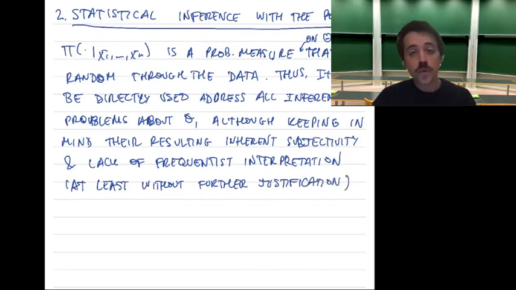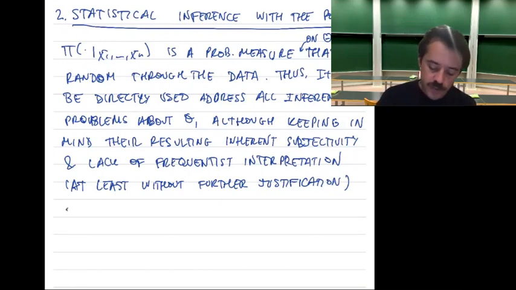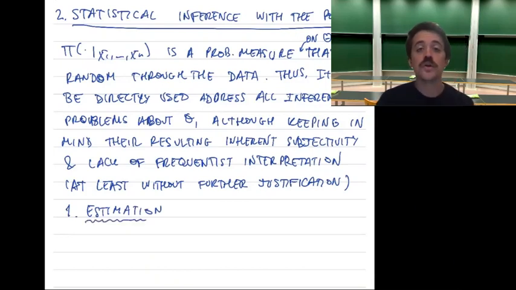Okay, so what are these inferential procedures? Well, they are the usual ones, right? So estimation. Let's mention in each case how the Bayesian methodology allows us to derive inferential procedures. In estimation, remember, we just want a so-called point estimator to pin down the parameter giving rise to the data.